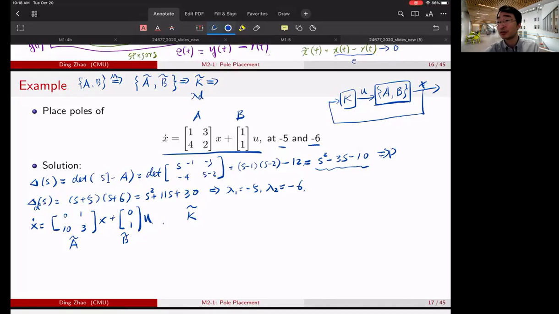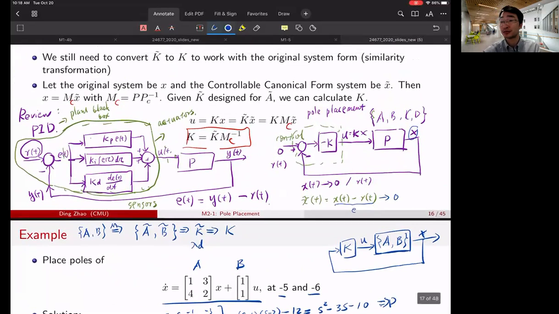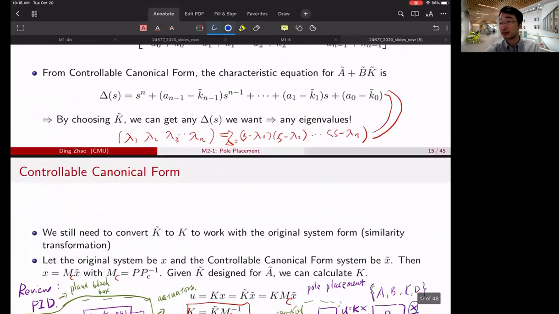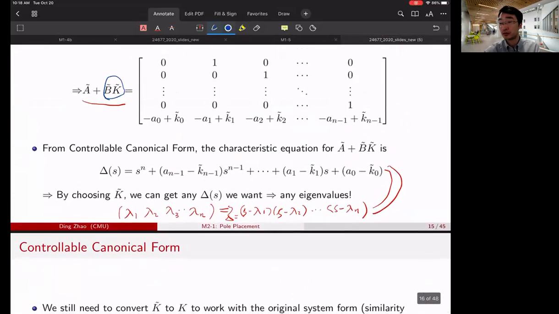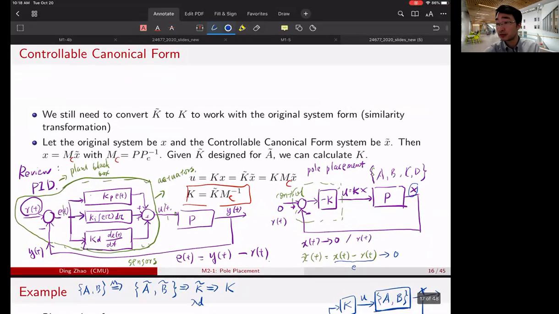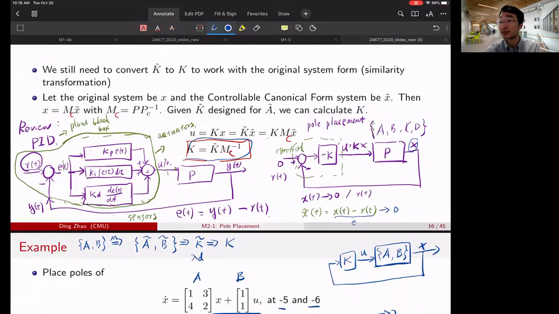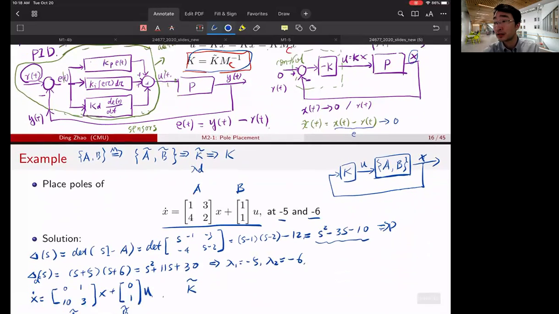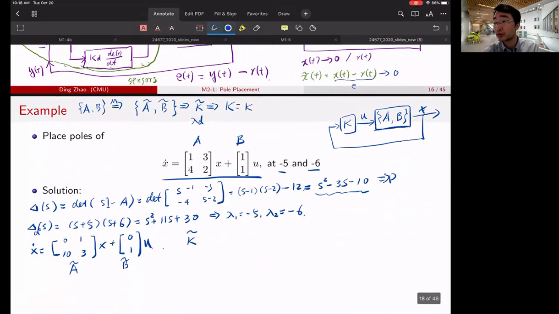After we do that, we compute the real K. The real K equals K tilde M inverse. So that's our plan.